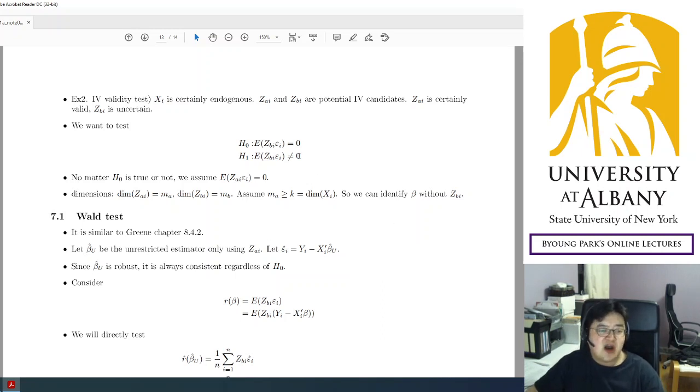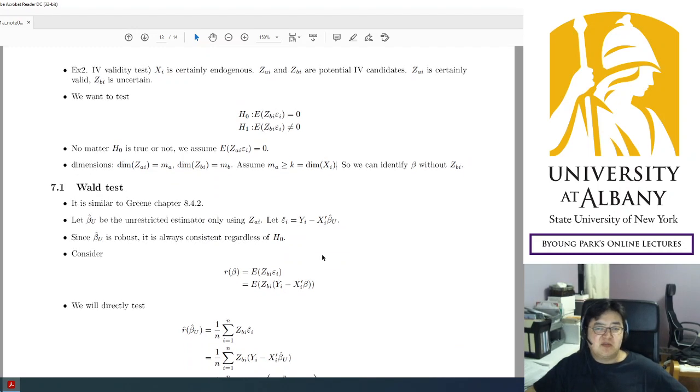So without the extra, like ZB, you should be able to identify. So the dimension goes like this. The dimension of certain instruments must be at least equal to the dimension of the regressors, the parameter beta, right? Intuition is clear.